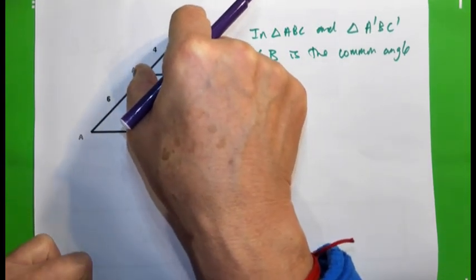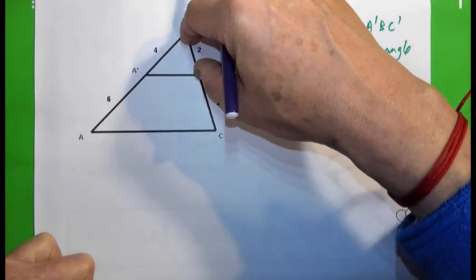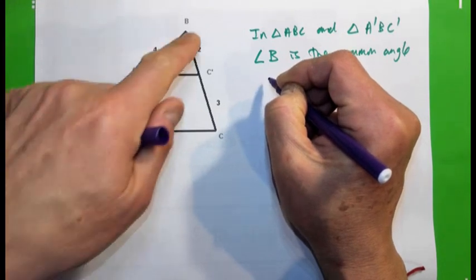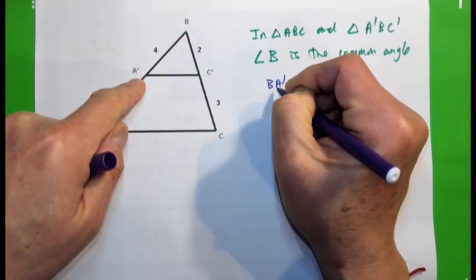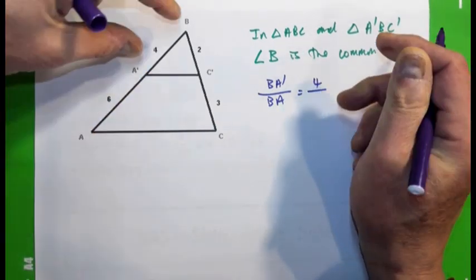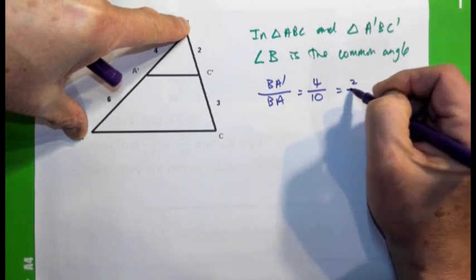Let's look at this ratio over that ratio must be the same as this ratio over that ratio. So ratio of BA dash over BA is 4 over 4 plus 6, 10, which is 2 over 5.